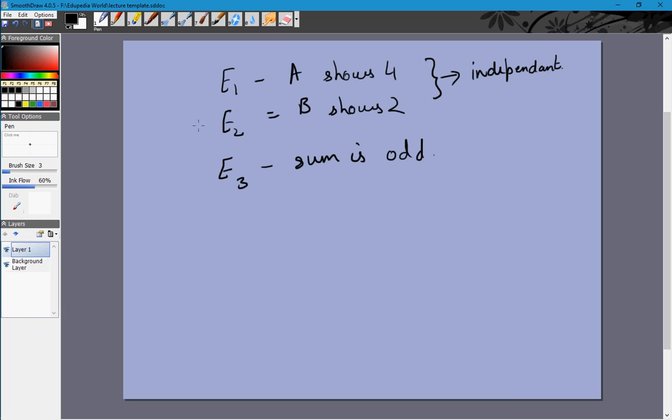And obviously E1 and E3 are independent because E1 depends only on A, but E3 depends on A and B. And since B is independent of A, E1 and E3 are independent. Similarly, E2 and E3 are independent.